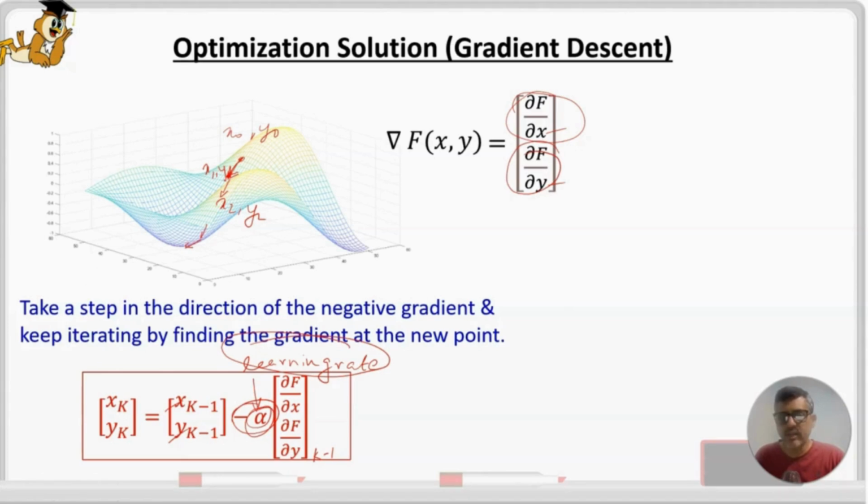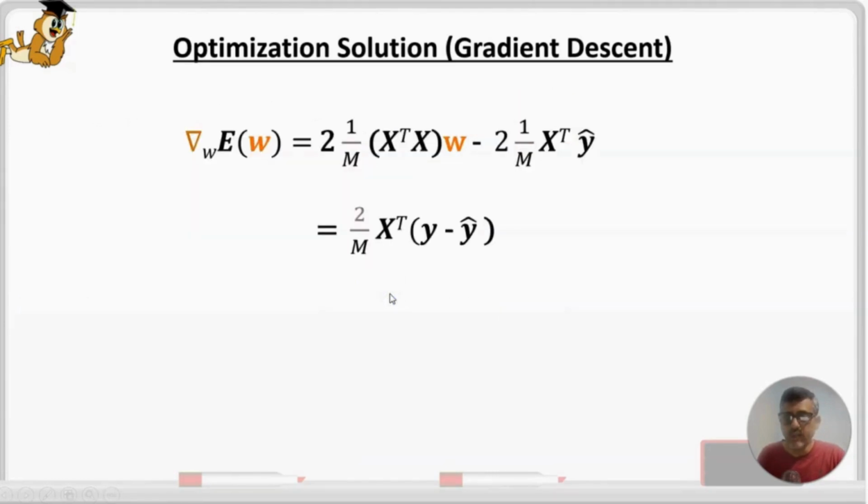And all that it really requires you to do is to find the gradient of the function that you are trying to minimize. Now, we already did that. In our earlier slides, we already found the gradient of the mean square error with respect to this weight vector W. If you don't remember this, you can go back to the previous slide and convince yourselves that this is exactly what we had.